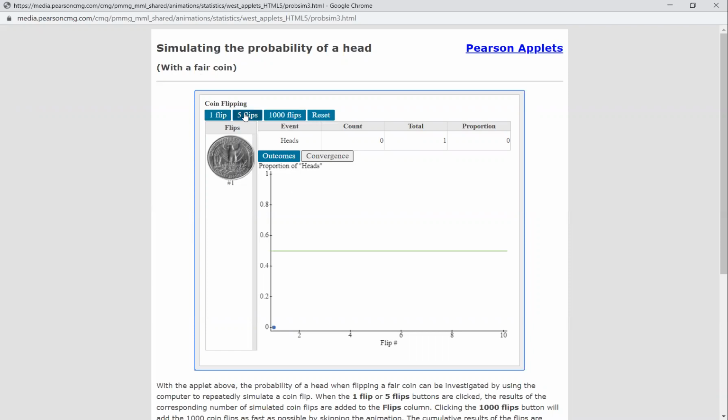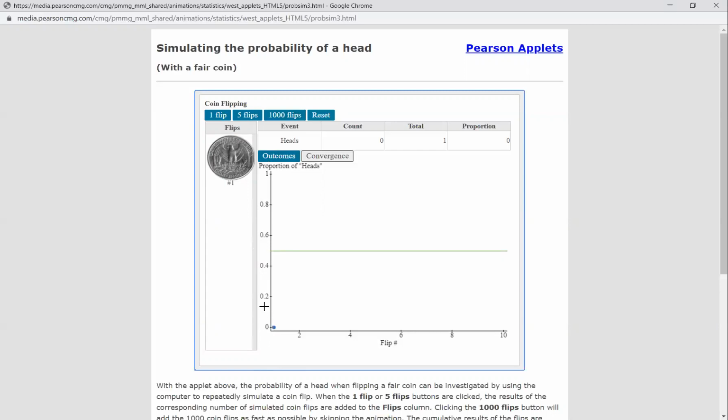You can just repeat this by flipping that 5 times or 1,000 times. Where is the probability? Where is the proportion? The probability or proportion is on the vertical axis.